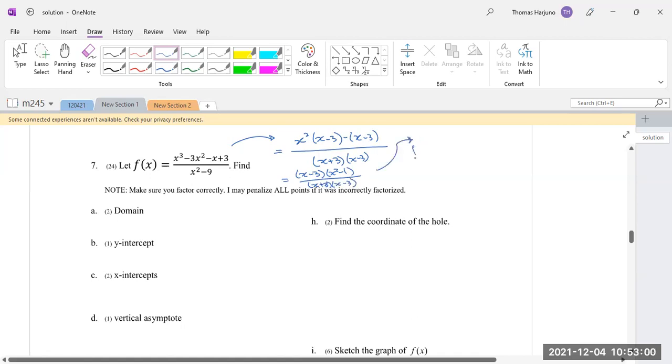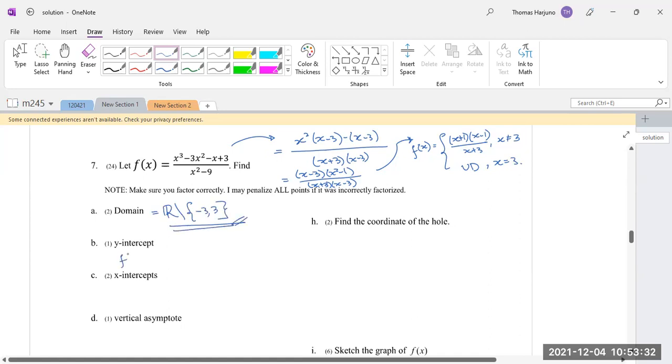So f(x) now becomes, x minus 3 cancels. So it will be (x plus 1)(x minus 1) over x plus 3 when x is not 3. But if x equals 3, it becomes undefined. So we will have a hole here. The domain will be all real numbers except negative 3 and 3.